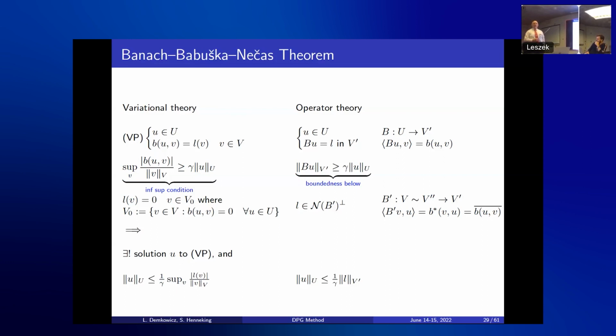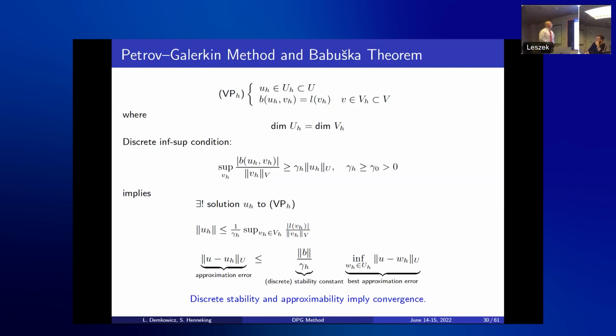It's not that I'm not giving credit to them. There is huge credit for connecting the different communities, but the mathematics originates there, right? And then there's the Petrov-Galerkin method, a discrete version of it, and the famous Babuška theorem. You simply add the letter h. Oh, it's really warm next to the screen. Under the assumption that the trial and the test spaces are of equal dimension, you end up with a square system of equations to solve, and the continuous inf-sup condition is replaced with a discrete inf-sup condition, right?